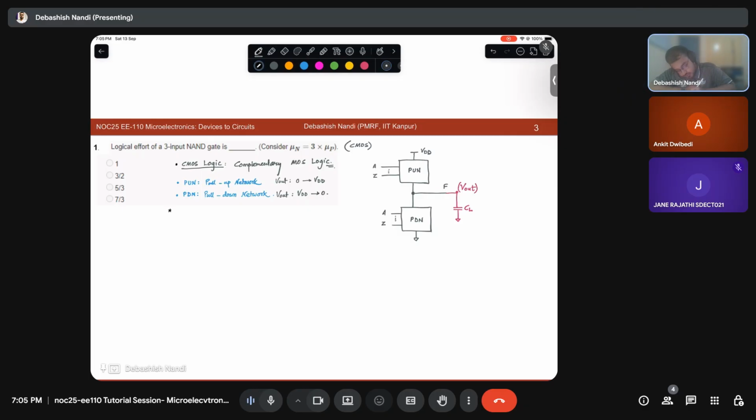So one of the main constraints is that only PUN or PDN will be active at a single time instant, right? So we should remember that.